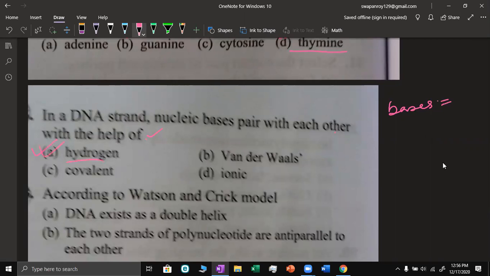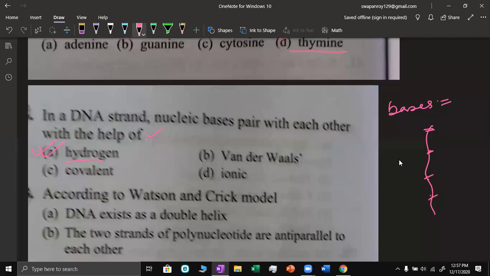Okay. And in a polynucleotide chain, what is the bond by which one nucleotide is joined to another nucleotide to form the polynucleotide chain?